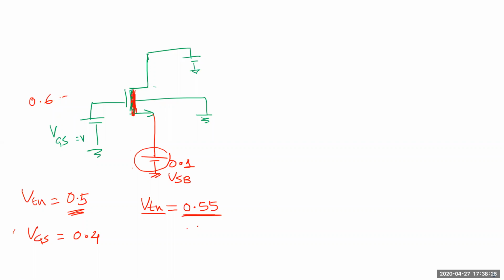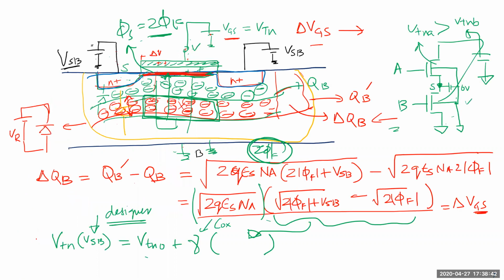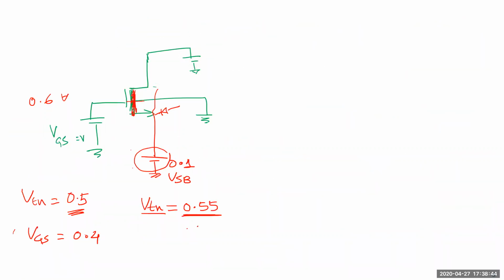But because you created that depletion, which still exists, that depletion hasn't changed from this diode, which is this one here. You have to compensate that on the channel side before you can invert this channel here.